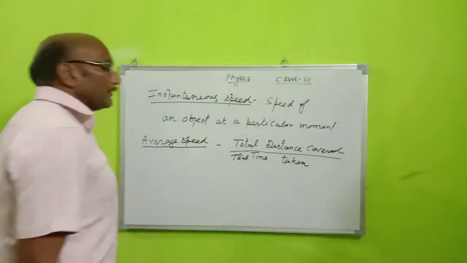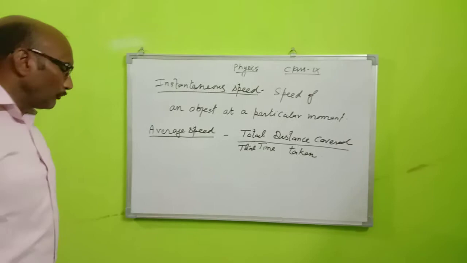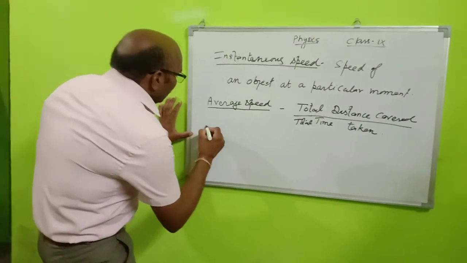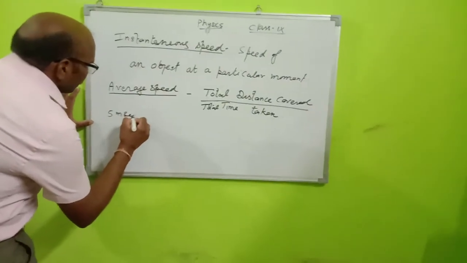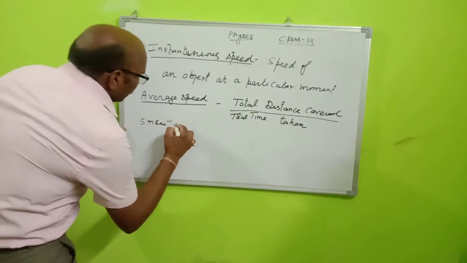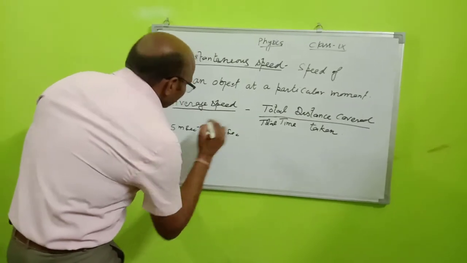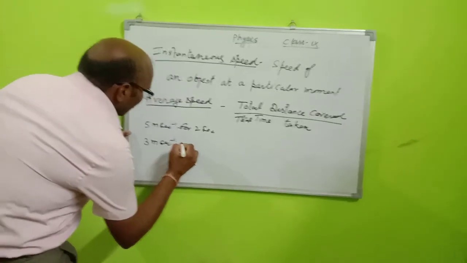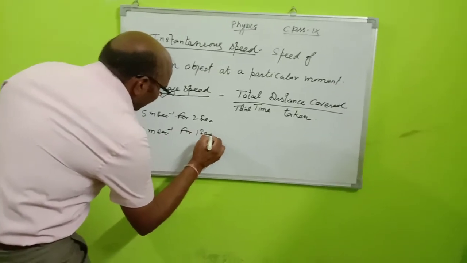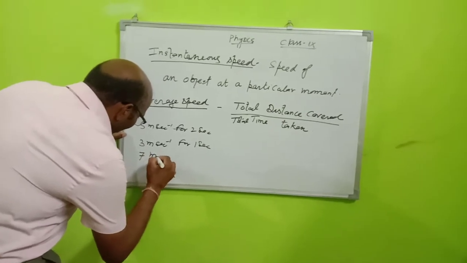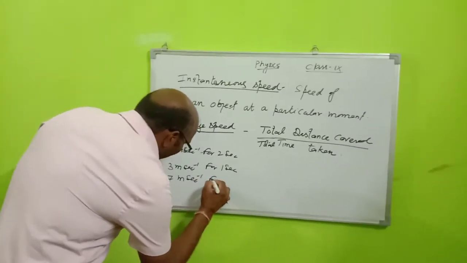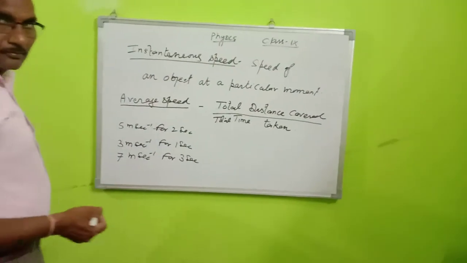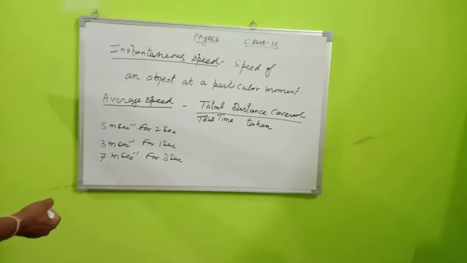How to find average speed? Let one object be running with 5 meters per second for 2 seconds, then 3 meters per second for 1 second, then 7 meters per second for 3 seconds. So, how to find the average speed?